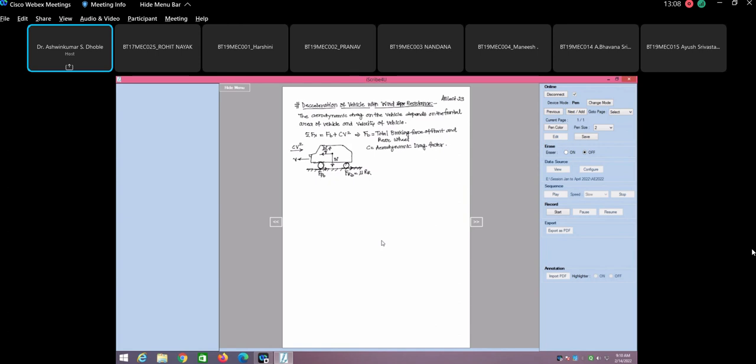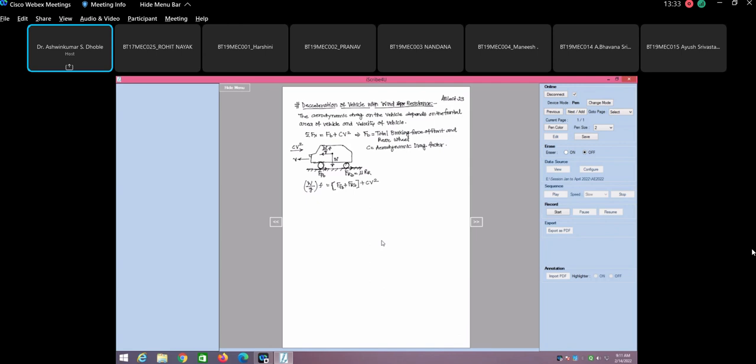So if we write down the equation here, we say that W by g into whatever acceleration or deceleration is equal to, in brackets, FB front plus FB rear, bracket complete, plus CV square.